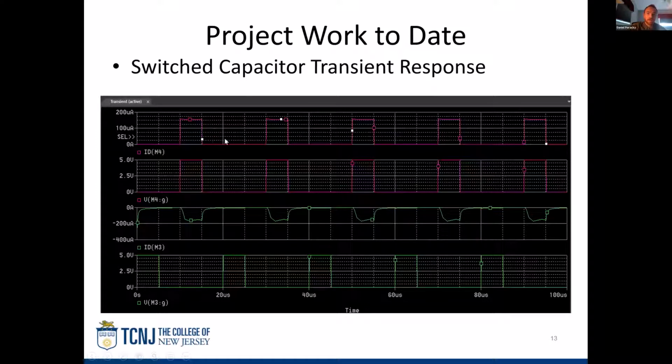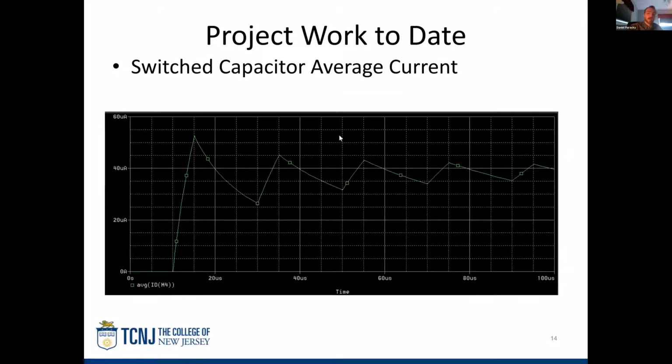And then the 2 in the middle, the green, is the current generated, negative 200 microamps. And then this was a little below 200 microamps, but it still generated a current. And that results in an average current, which you take over time, resulting in around 40 microamps of current across that capacitor.